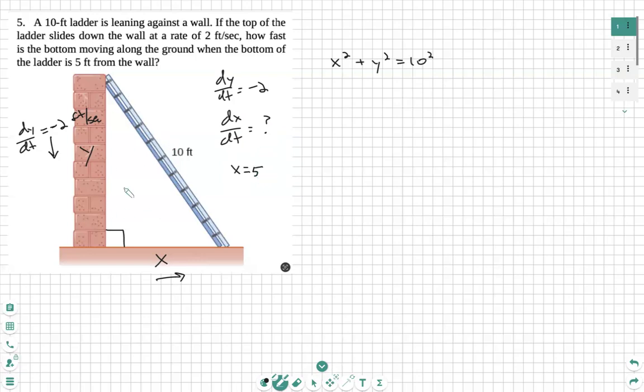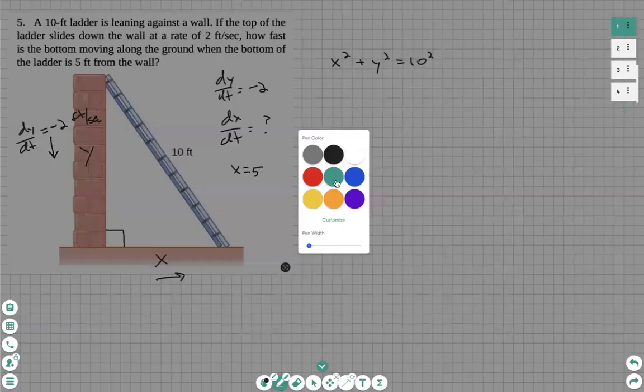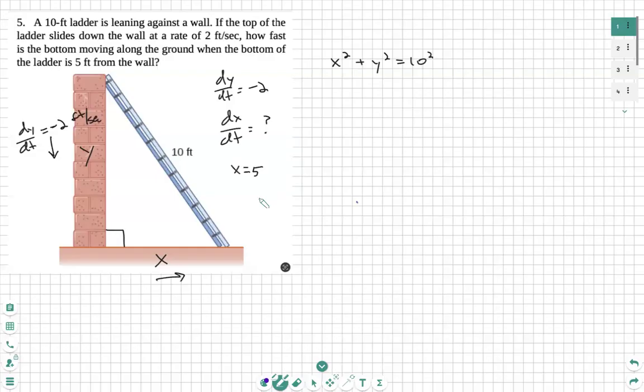Well, we still need to know what y is when x is equal to 5. So the first thing we're going to do is plug in 5 for x in x squared plus y squared equals 10 squared, and solve for y. So we have 5 squared, which is 25, plus y squared equals 100.